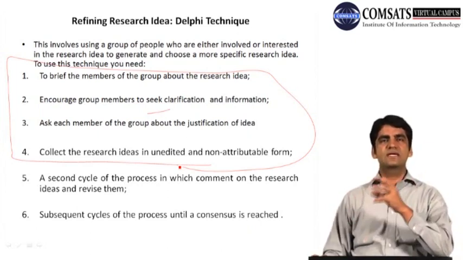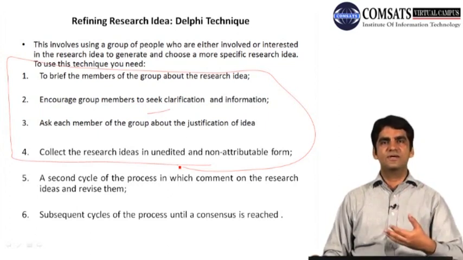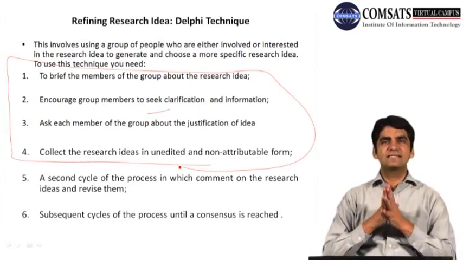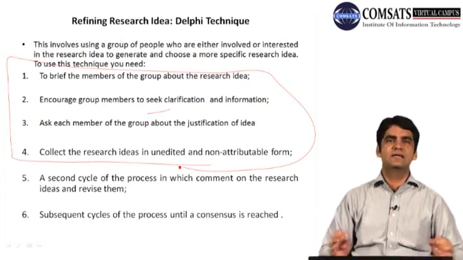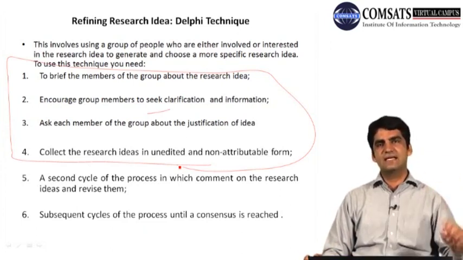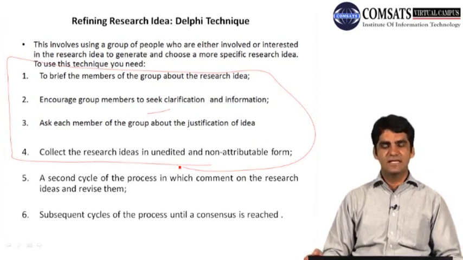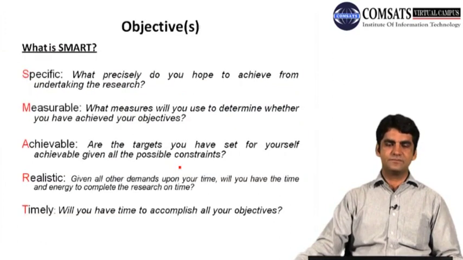Then you can get ideas from them again and try to incorporate them so that you can come up with a consensus, a refined, researchable topic that gives a sense of understanding to you also. And you keep this cycle continuing until you come up with a consensus on a research topic for your research.